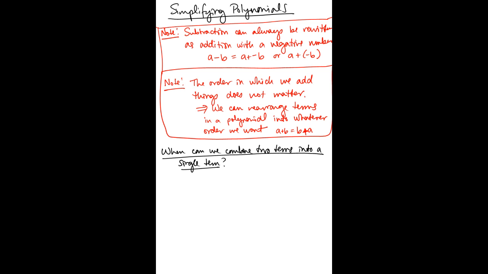We can move everything around in a polynomial into whatever order we want, because we know we can rewrite all the subtraction as addition, and then once it's all addition, we can reorder it in any way. So the only question we need to answer in order to simplify polynomials is to ask ourselves, once we've rearranged the terms, when can we combine two or more terms together?